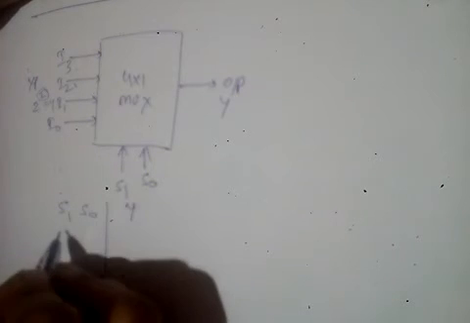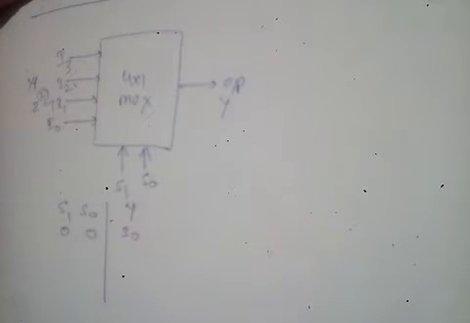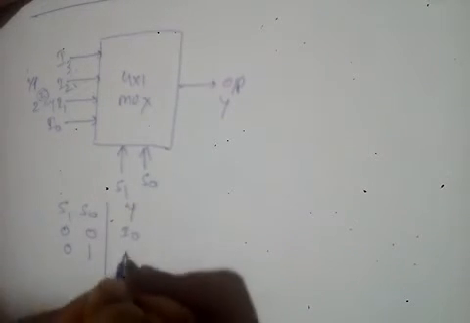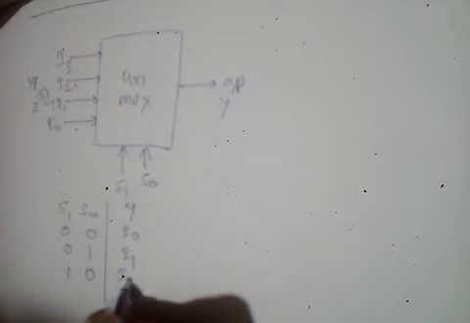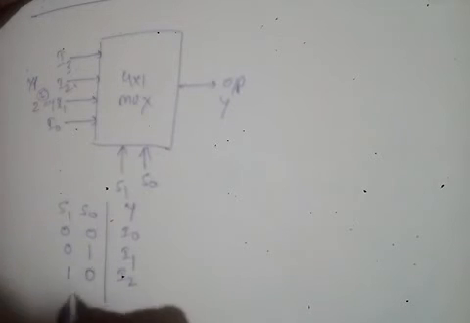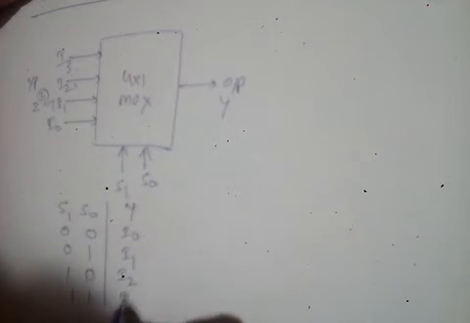When the combination is 0 and 0, I0 will be connected to output. When the combination is 0 and 1, then I1 will be connected to output. When the combination is 1 and 0, then I2 will be connected to output. When the combination is 1 and 1, I3 will be connected to output.